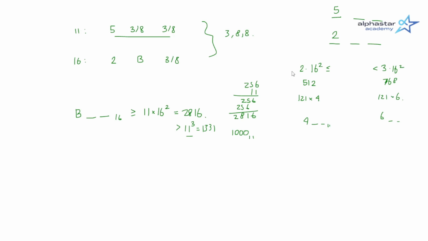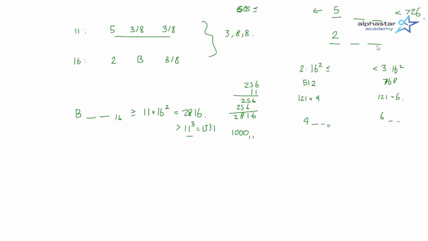So now we have this, and we can see that in this case, 2 is something, and then this starts with 5, so we already know that this is bounded by 5 times 121, which is 605, and it's at most 6 times 121, which is 726 again. And then we can do the same thing.